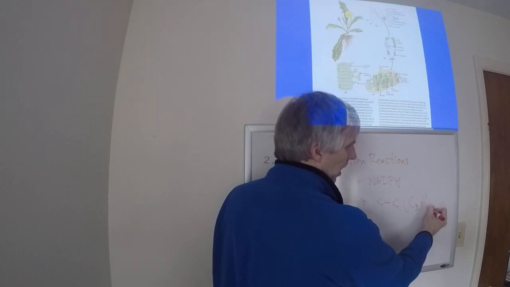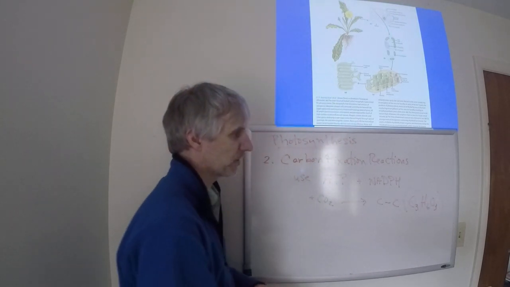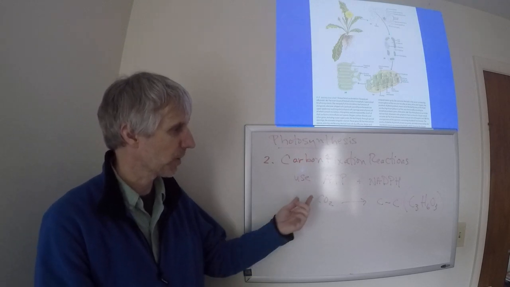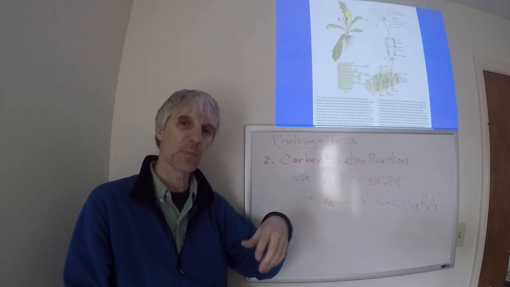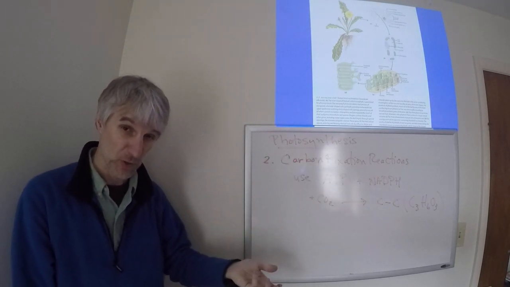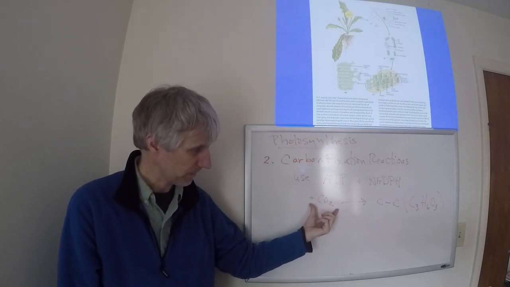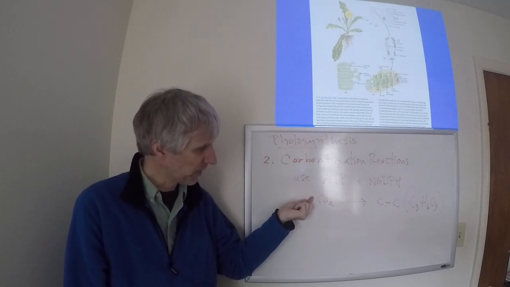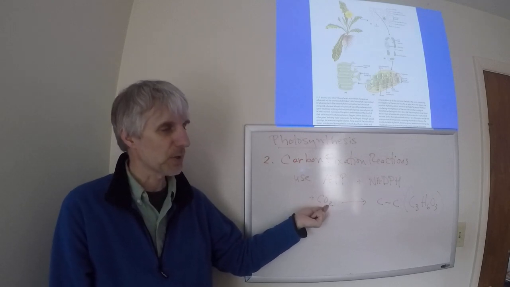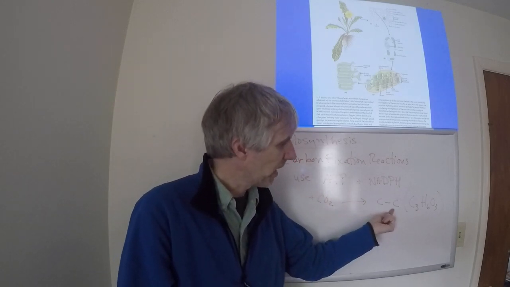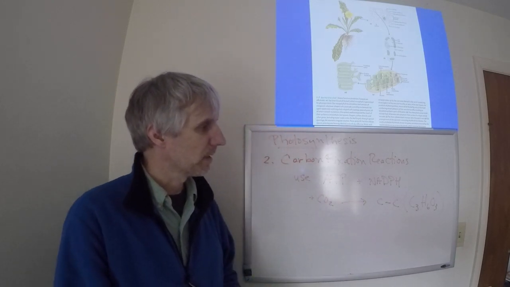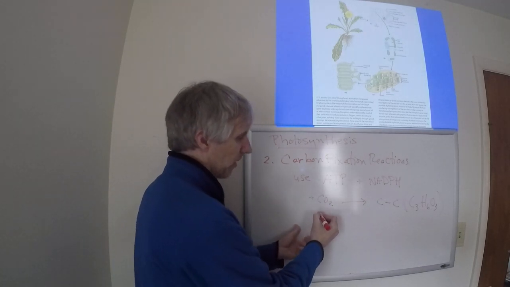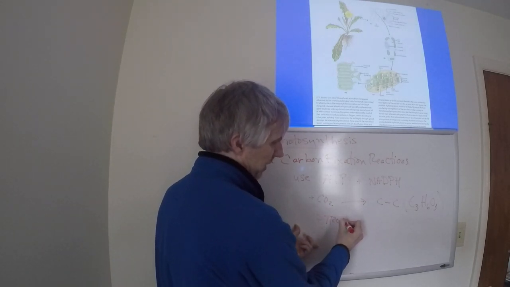Specifically, this molecule is what I'm going to make, that triose. So I'm going to use the ATP and NADPH I made in the first part of photosynthesis. I'm going to take carbon in the form of CO2 from the atmosphere and use that carbon to make triose, and all of this is going to happen in the stroma.